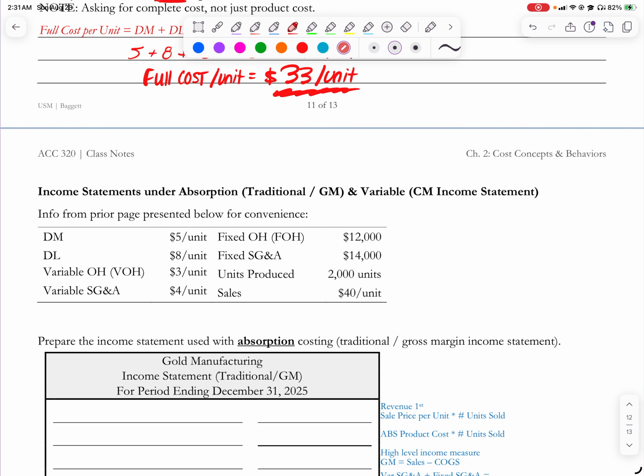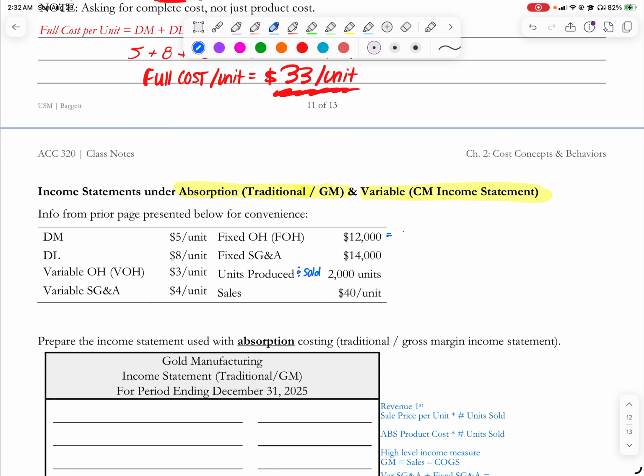Let's say I want to do income statements under the absorption and then under the variable methods. Note that the absorption costing income statement is more or less just the traditional gross margin type statement we've done already. Variable breaks cost out into variable and fixed elements and does something called a contribution margin income statement. So same info from the prior page. Say that that was the number of units produced and sold.